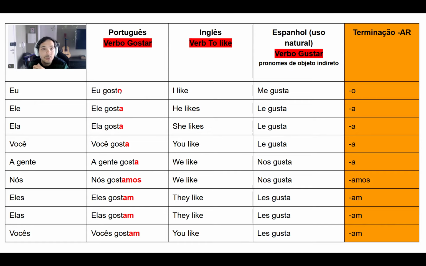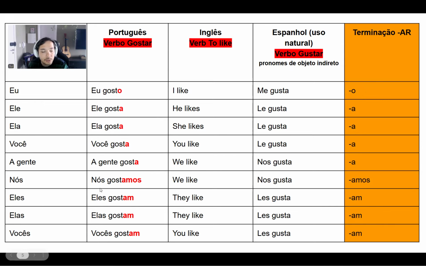Tá? Então, como conjugamos o verbo, deleta as duas últimas letras e adicione a letra. Tá? Então, eu gosto. Ele, ela, você, a gente gosta, né?